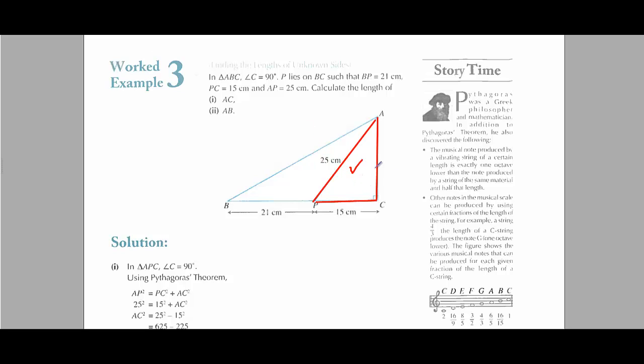We will call this X. First we will find this because this is a 90-degree angle over here, so this is the hypotenuse. Let me apply the Pythagoras theorem: hypotenuse square is equal to base square plus perpendicular square.